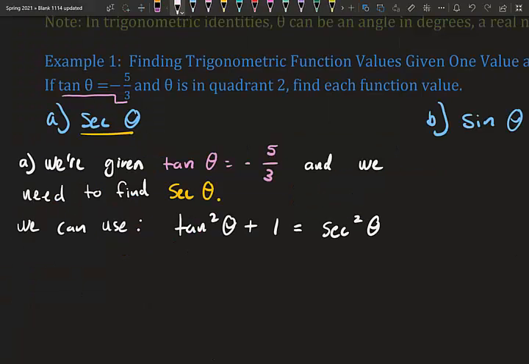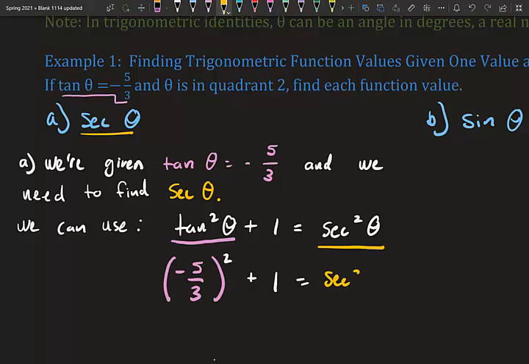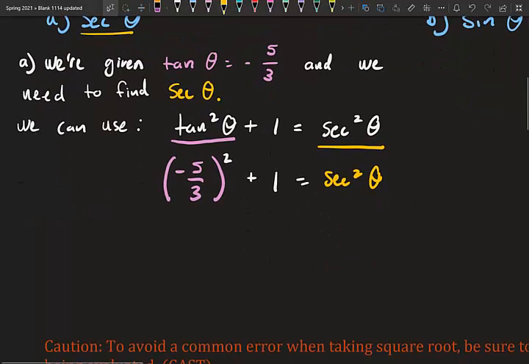Alright, so we have tangent. We're given that. And we need to find secant. So tangent, let's plug it in. It's negative 5/3. So we have negative 5 over 3 squared plus 1 equals secant squared theta. Alright, let's simplify the left side. Use your calculator. If not, you know how to simplify the left side.